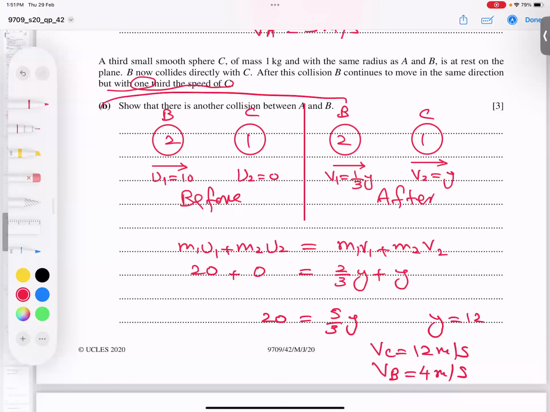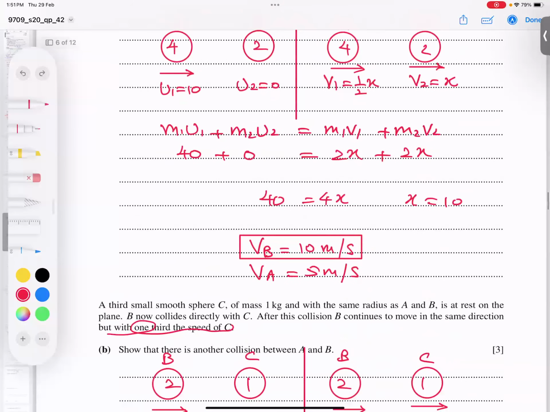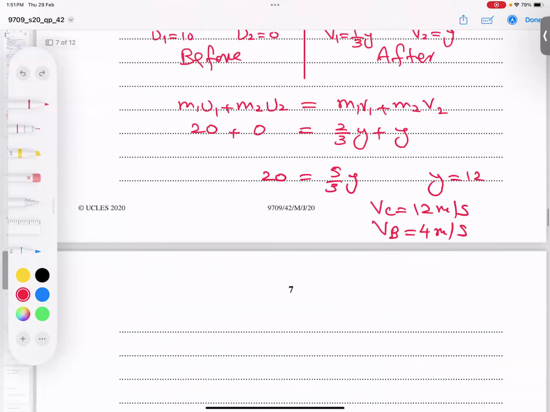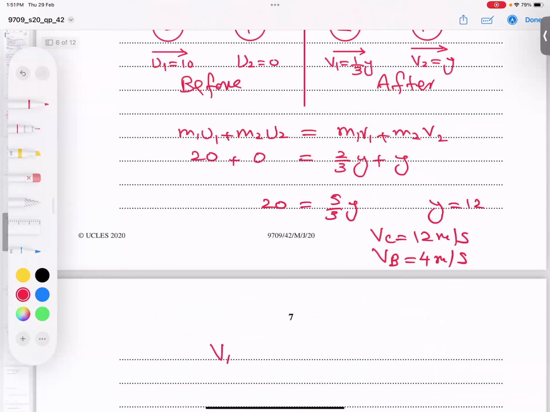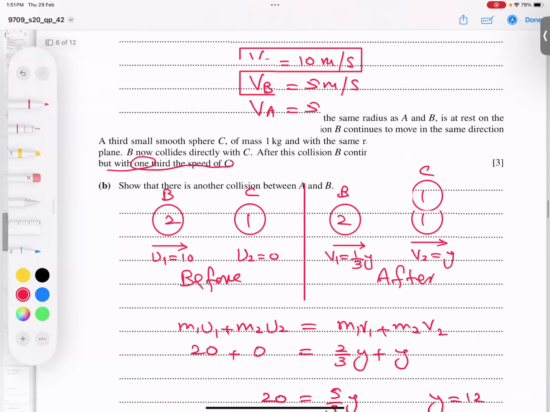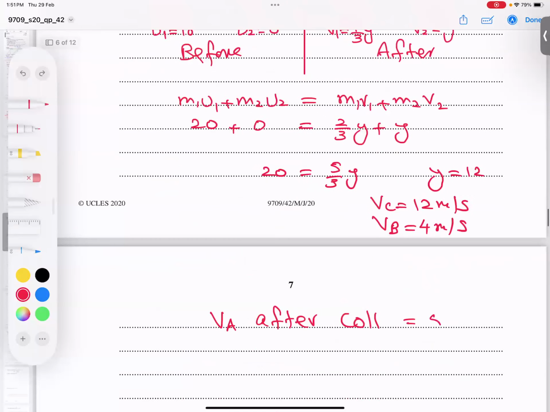He was saying to show there's no further collision between A and B. The velocity of A just after collision is 5 meters per second, and the velocity of B after collision is 4 meters per second.